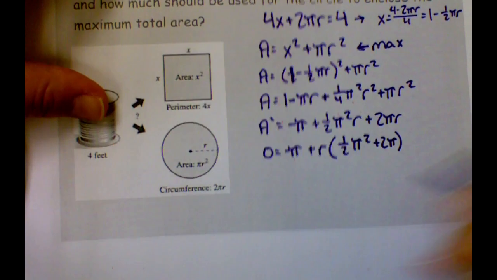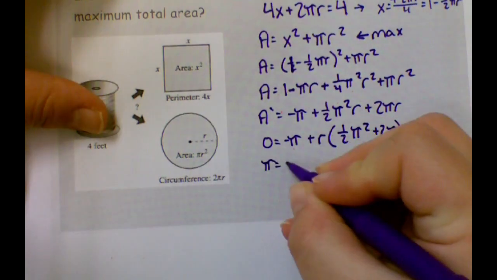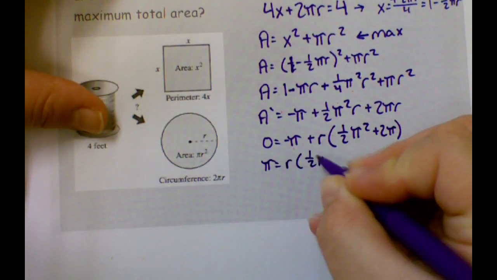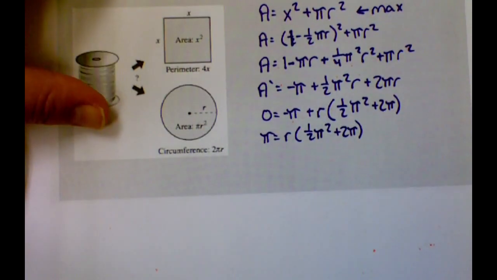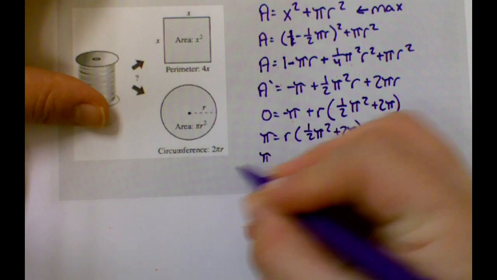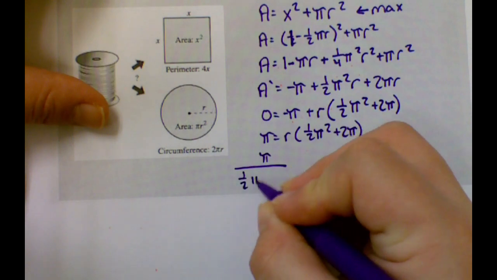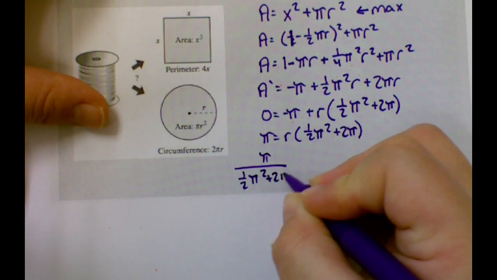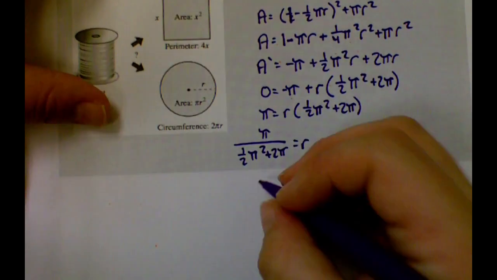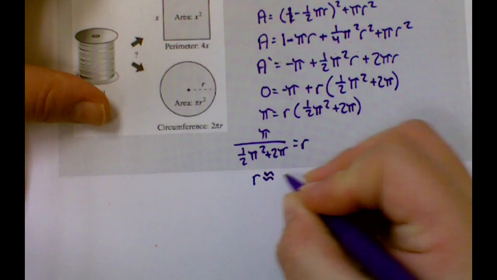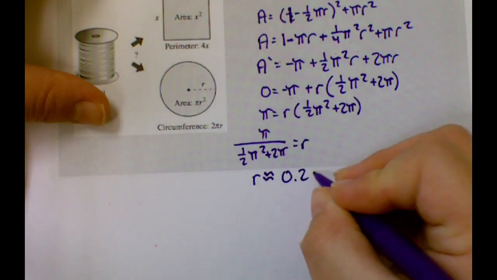There we go. Add the pi over. And then I can quickly get r by itself by dividing pi divided by 1/2 pi squared plus 2 pi is going to be our r. We'll turn that into a decimal. It is about 0.280.